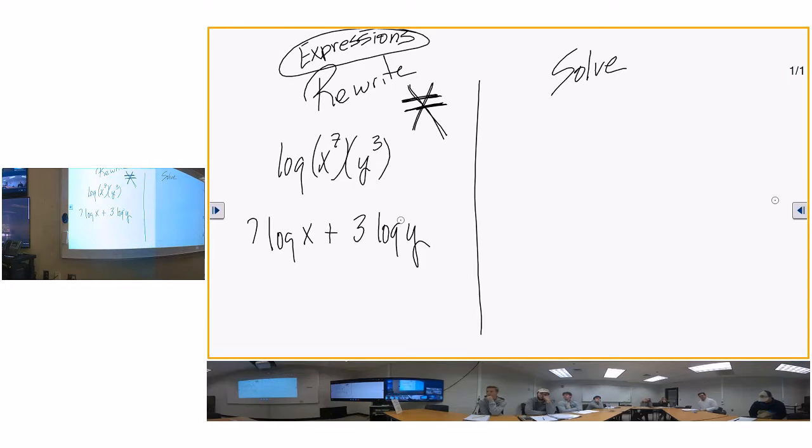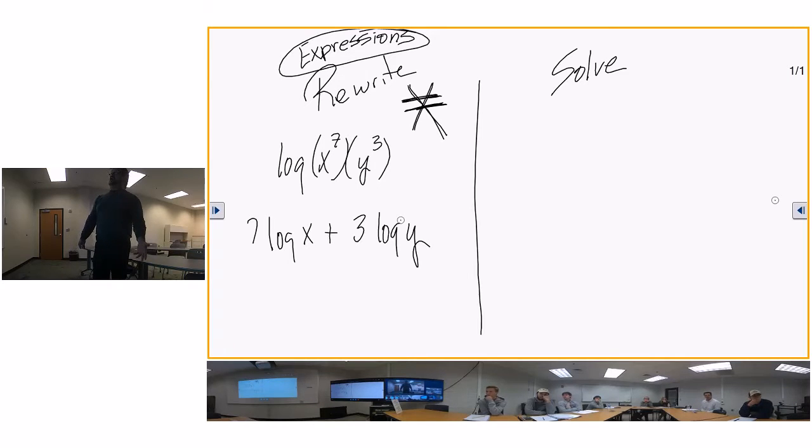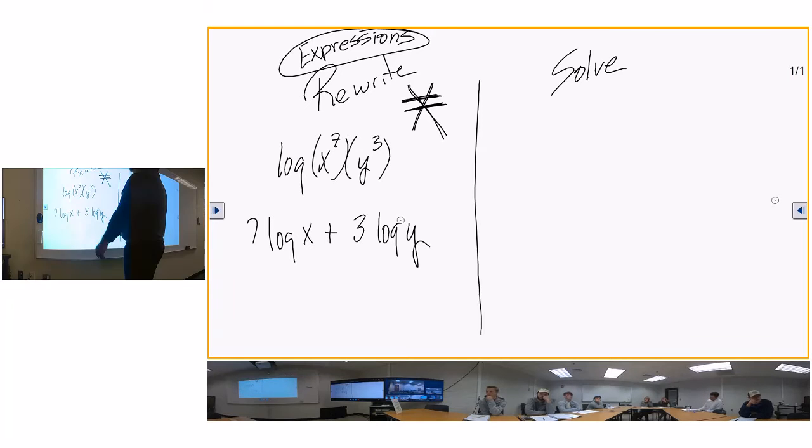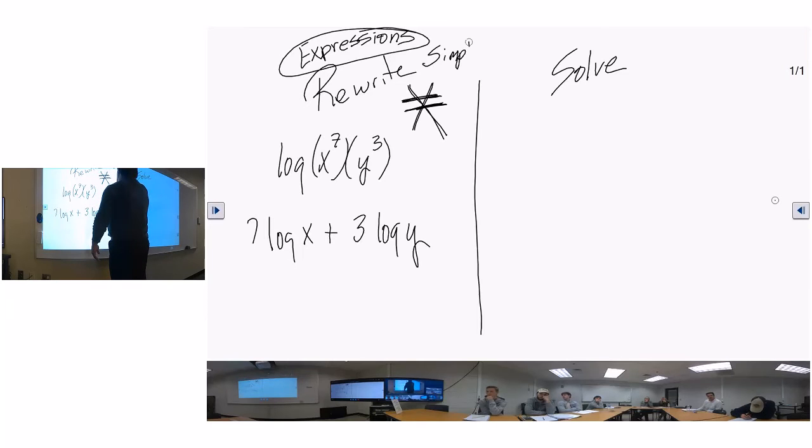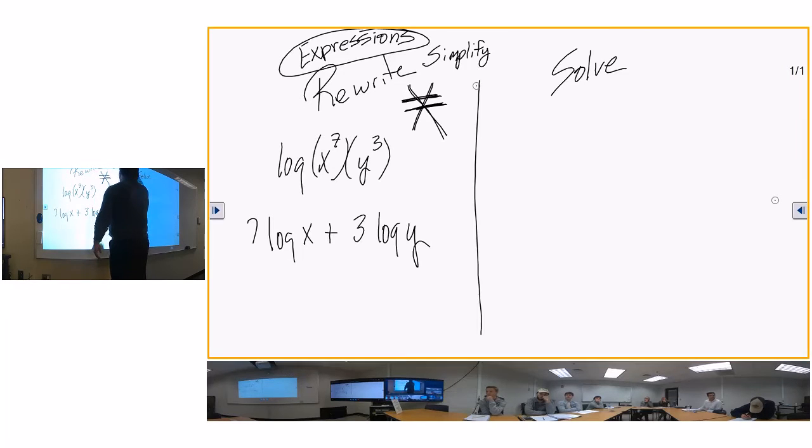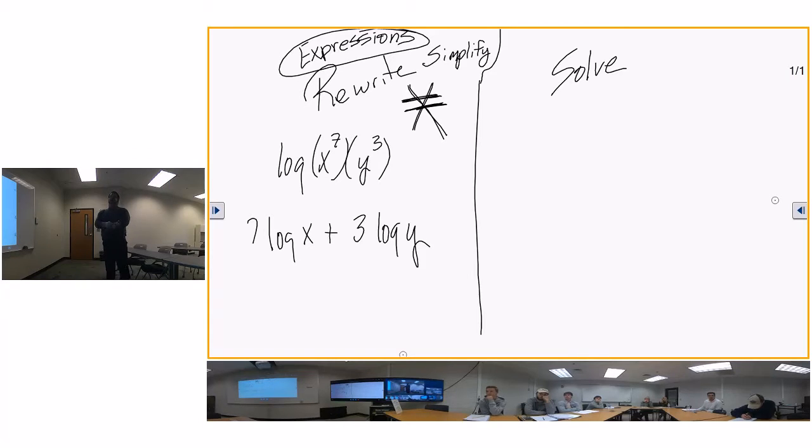Without an equal sign. That's why it's not called an equation, because it don't have an equal sign. And the only thing you can do with an expression starts with an S. It's what? Simplify. The only thing you can do with an expression is simplify. I guarantee you there's somebody out there that didn't know that.